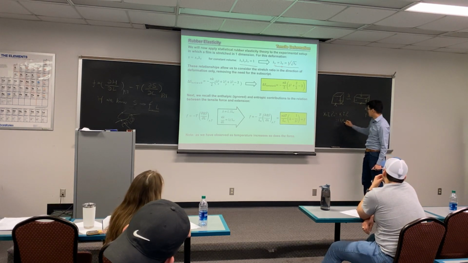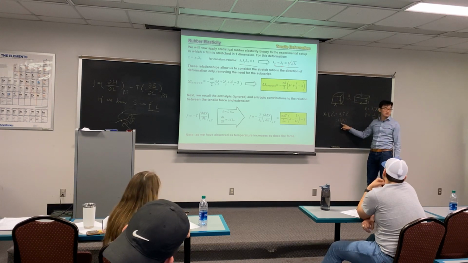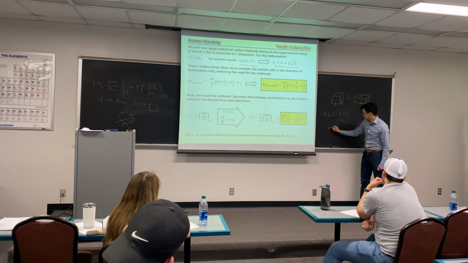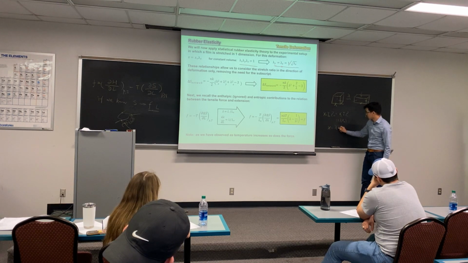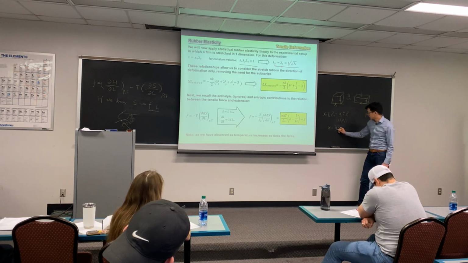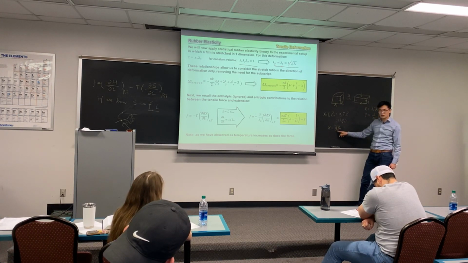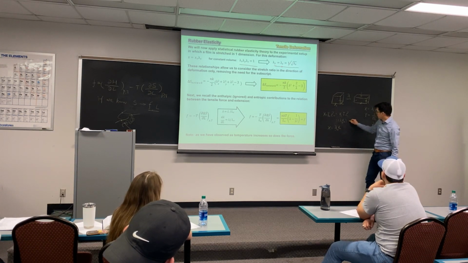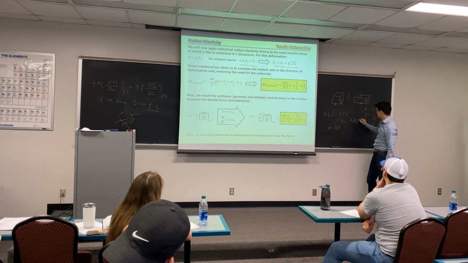That's how we define the draw ratio. Lambda x is just the draw ratio in the x direction. You can apply the same to the y0 direction as well as the z direction.